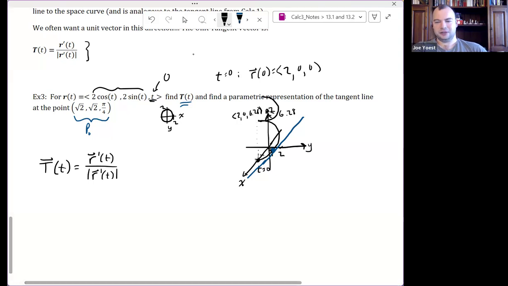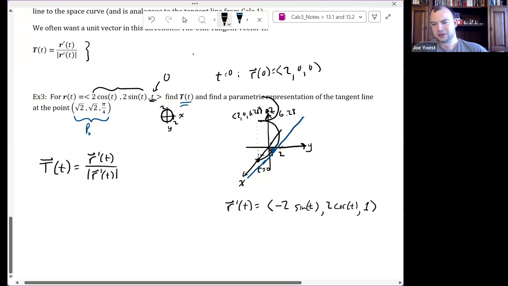Let's come off to the side here and look at what is r prime. Well, r prime is going to be negative 2 sine of t, 2 cos of t, and 1 in the third component.